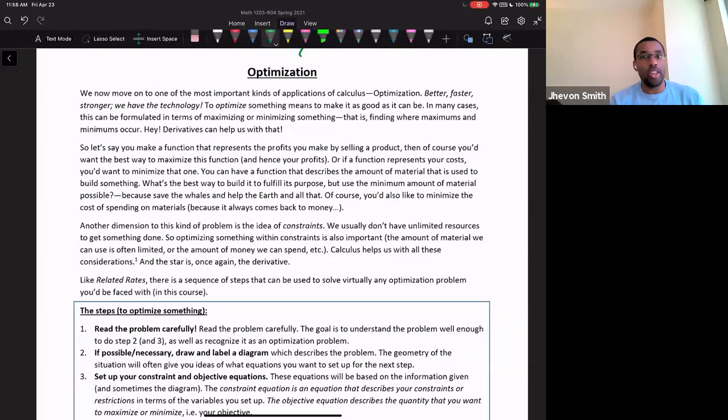However, mathematically, you can make this precise in the sense that as good as it can be often means maximizing or minimizing something. So if you're running a business and you're looking at profits, what's the best thing? Well, you want to maximize your profits. What is the maximum profit I can make? Or if you're looking at costs, you would tend to want to minimize costs. What is the minimum cost I have to pay? And things of that sort.